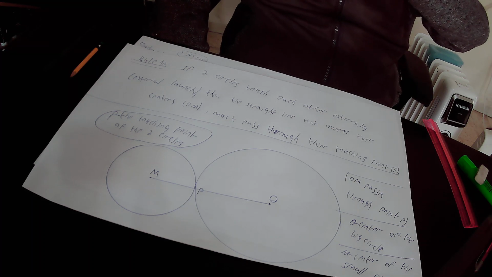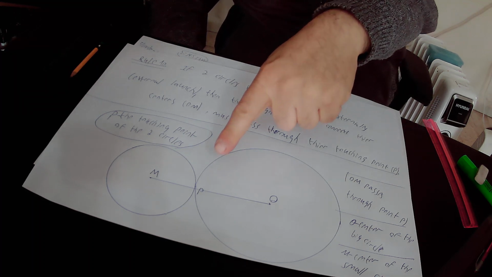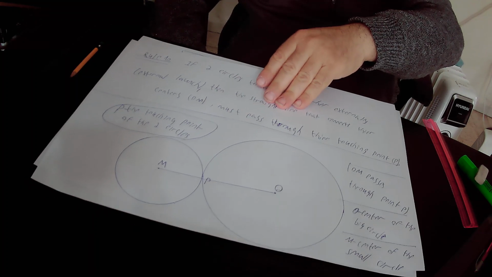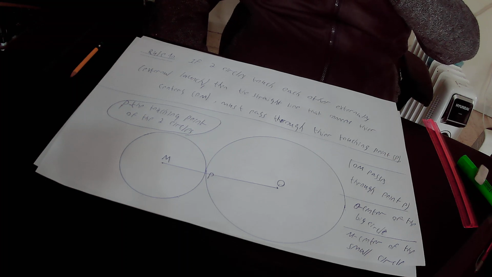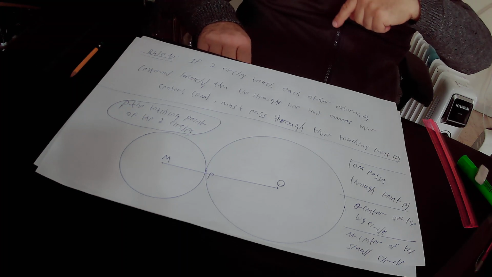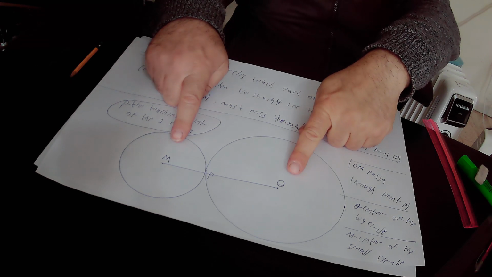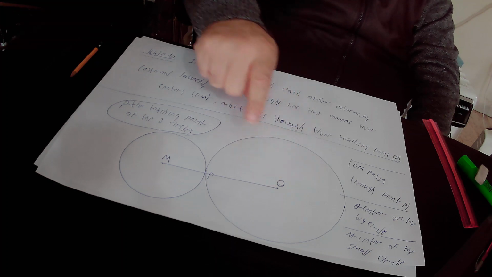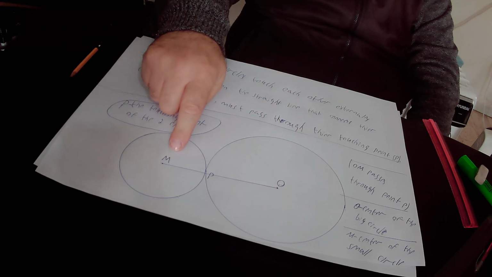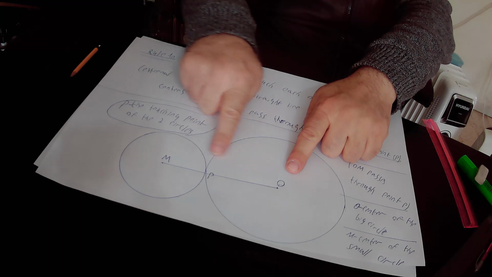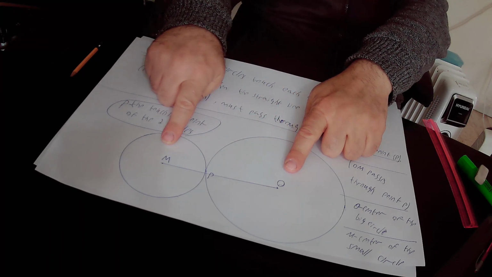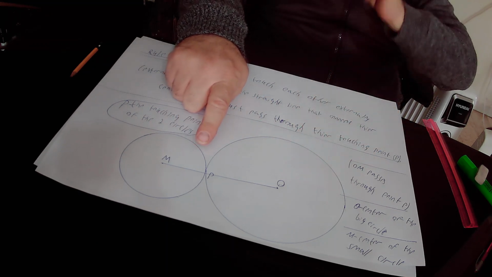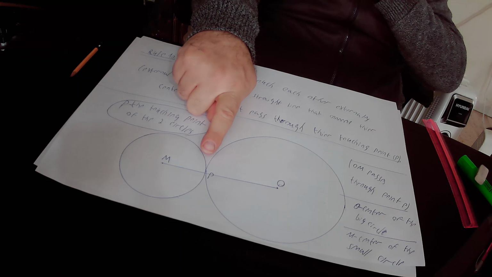That is to say, they are touching each other externally here at point P. And according to this rule number 10, the straight line OM that connects their centers together, the center of this big circle is here at point O, the center of this small circle is here at point M, must pass through point P, that is their touching point.